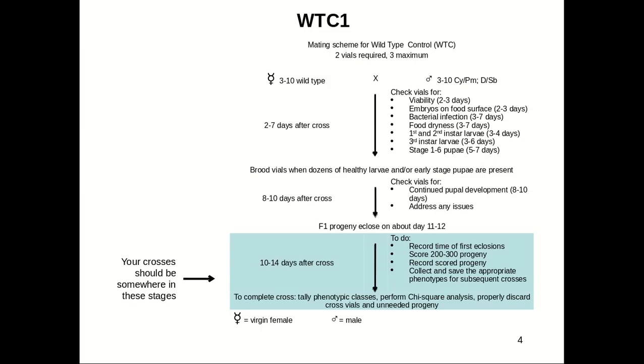All right, so here we have a wild type control. You should look at this slide, and of course, we're not doing this in the lab, so you don't have to worry about a lot of these details. The main thing is to know what you should be crossing here, and then you'll have to run them and figure out what your results are.